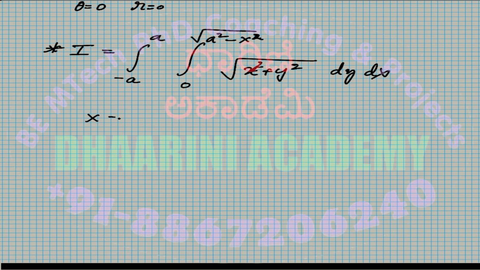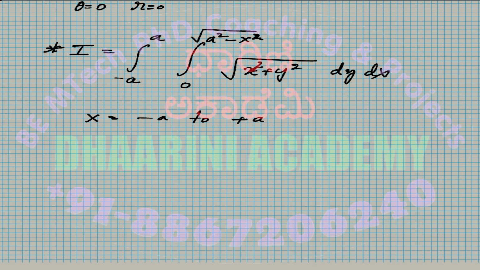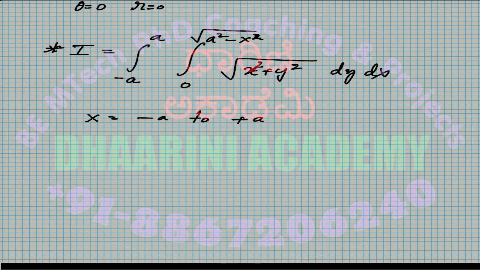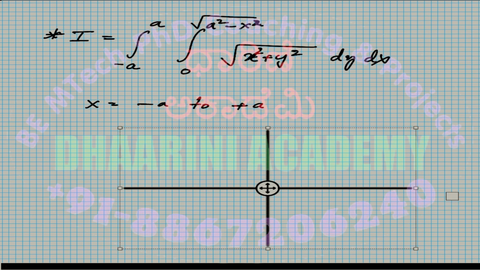So x is minus a to plus a, so x takes a negative value as well as a positive value, right? Along the x-axis, let me draw a neat graph. By just looking at this, I am not able to decide which quadrant, because this could be all four quadrants.